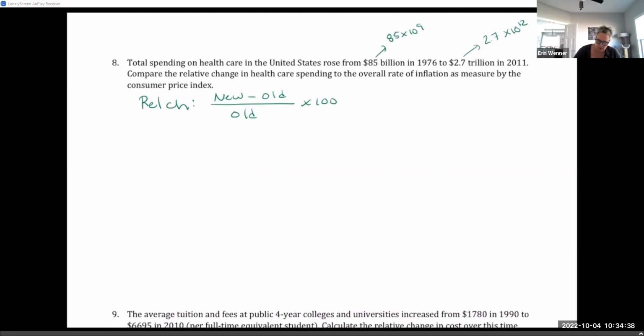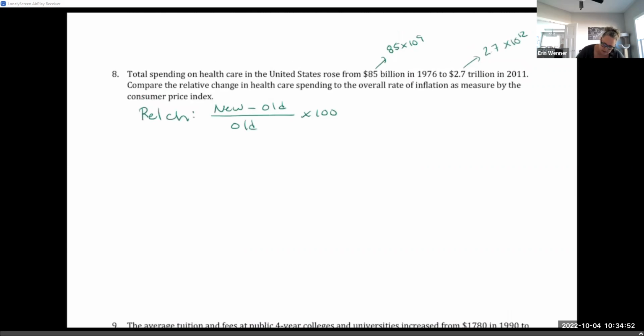So in order for them to be equivalent so that we can subtract them, we are going to move these decimal places, meaning we're going to make 85 times 10 to the 9th become 0.85 times 10 to the 11th, and it's going to make 2.7 times 10 to the 12th become 27 times 10 to the 11th.